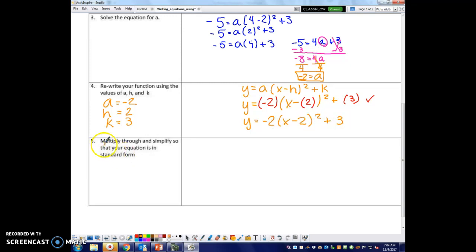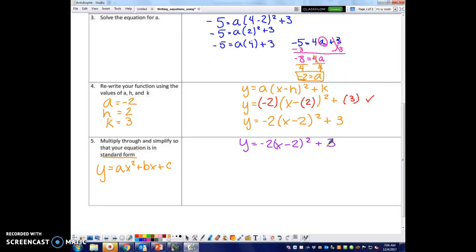Okay, multiply through and simplify so that your equation is in standard form. Remember standard form? Y equals ax squared plus bx plus c. So to do that, we'll rewrite our equation. Y equals negative 2 times x minus 2 squared plus 3.